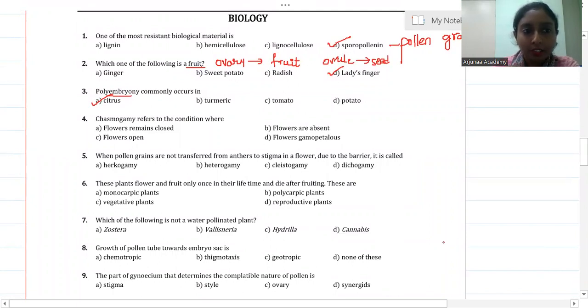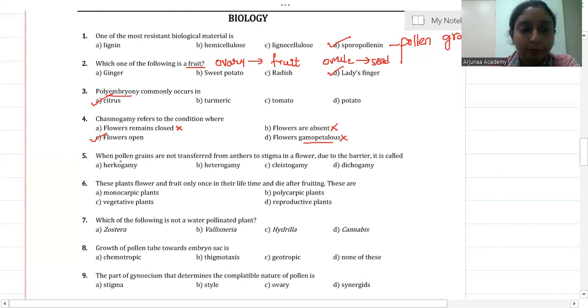That means the male and female reproductive parts are exposed, right? The option flowers remain closed cannot be the answer. Flowers are absent? No, all angiosperms will have flowers. So this is not the condition. Flowers open, yes. Here the anther and stigma will be exposed. And gamopetalous means the petals are fused, so it doesn't mean chasmogamy. This is also a wrong option.